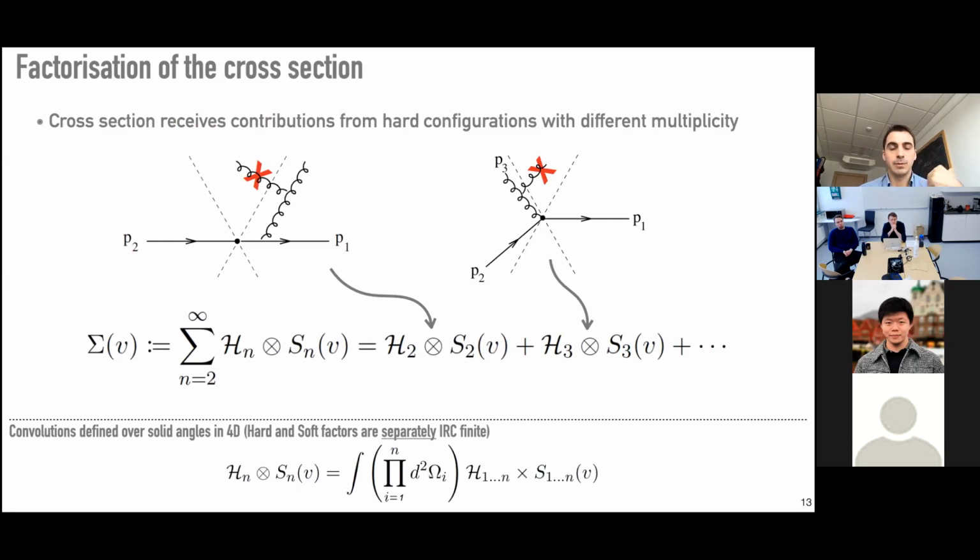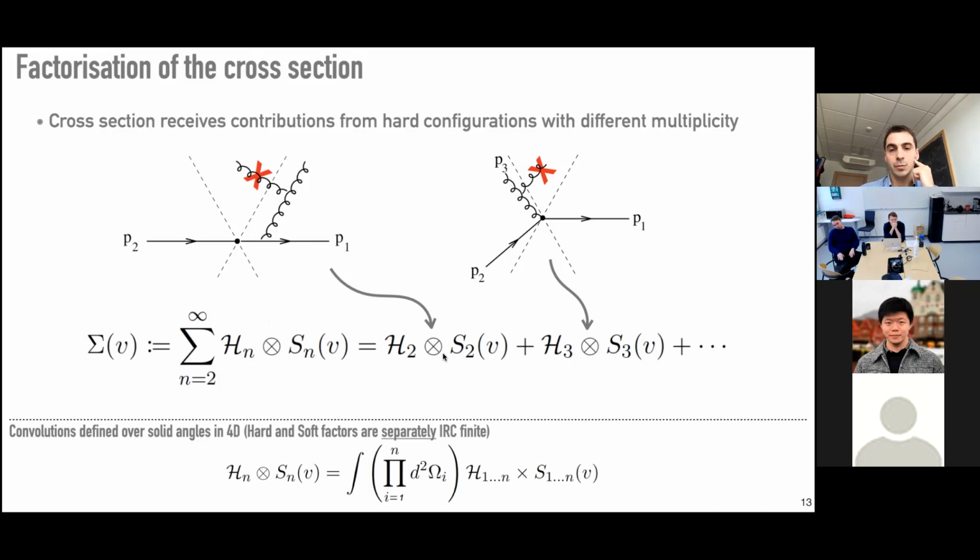So the cross-section can be organized as a sum over the number of hard prongs inside the jets, that is, the final number of reference light-like directions, which is what will be seen by the soft radiation that evolves starting from these kinematical configurations. So the first term has two legs inside the jet, so a QQ bar configuration. And this matching factor H describes the dynamics at high momentum scales that occurs inside the jet.